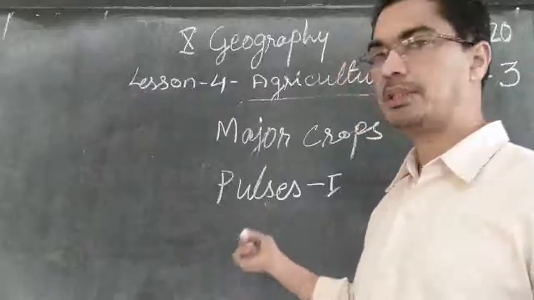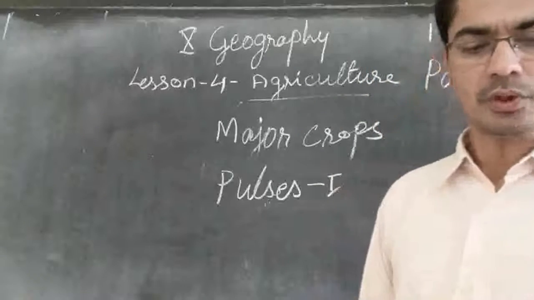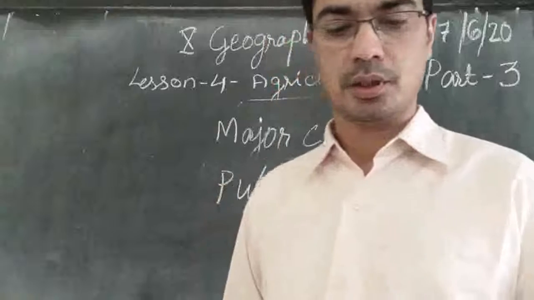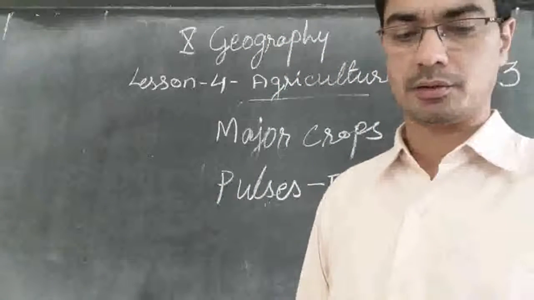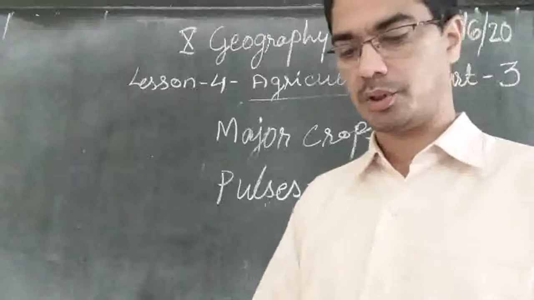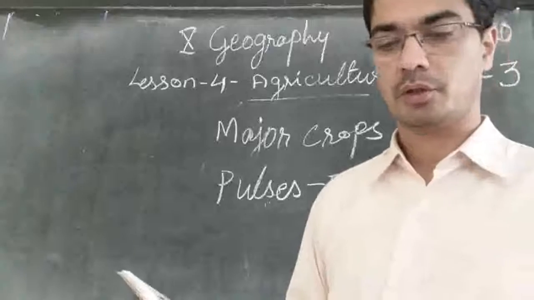They have to eat a lot of pulses. They have to include pulses in their diet. The major pulses that are grown in India are tur or arhar, urad, moong, masoor, peas and gram.